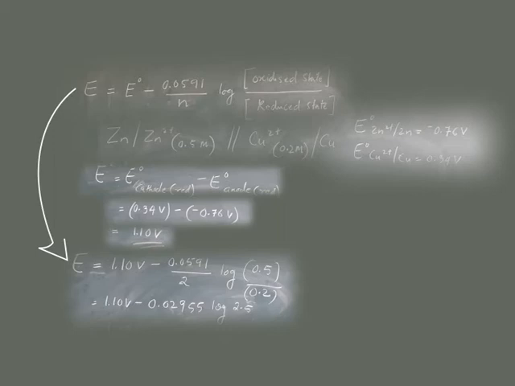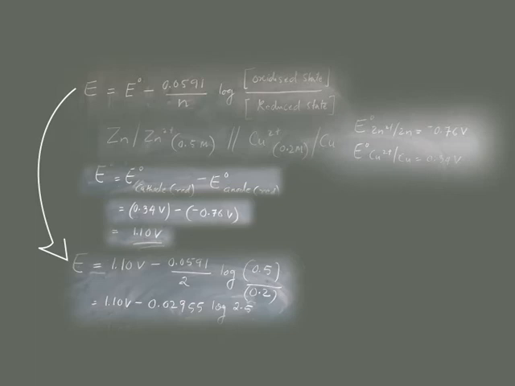Which one is oxidized? Zinc is oxidized, so I'll take the concentration of zinc here, 0.5. What is the concentration of copper, which is reduced? 0.2. So I'll substitute this also.